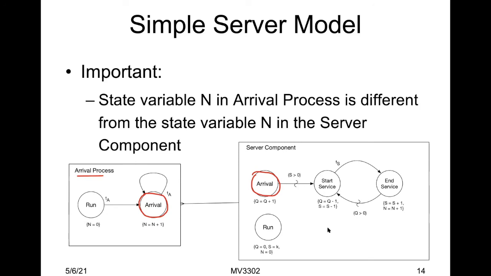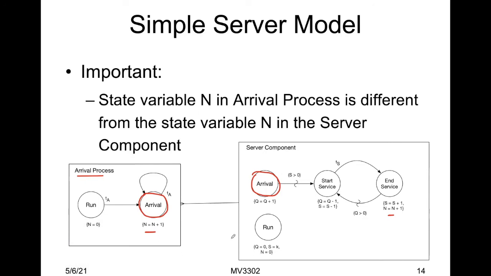Another thing, and I did this deliberately, is the fact that notice that there's a state variable called n in the arrival process, and there's a state variable called n in the server component. Because these are separate classes and a state variable is implemented as an instance variable, the fact that they have the same name here in the event graph does not matter at all.